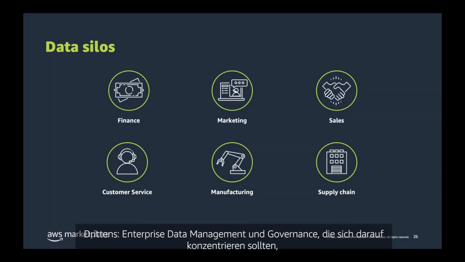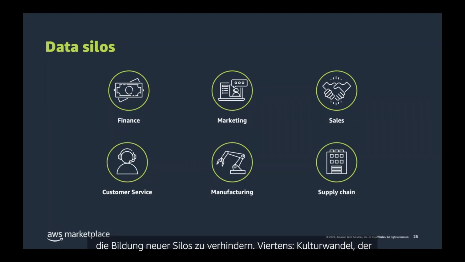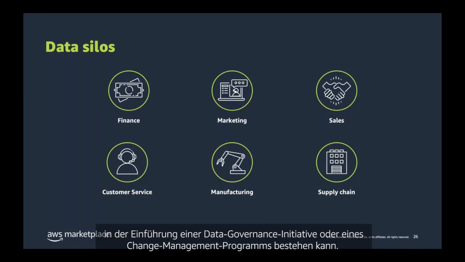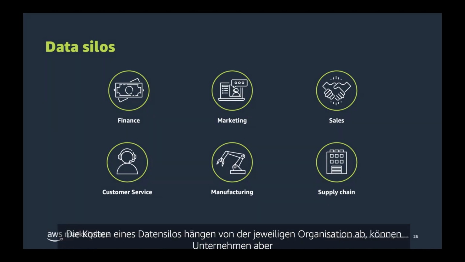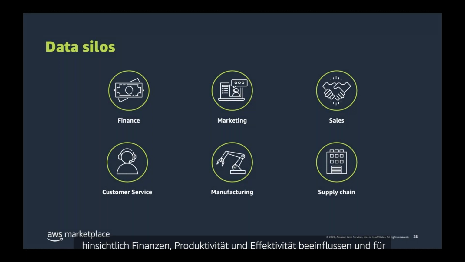Three, enterprise data management and governance, which should focus on preventing new silos from forming. And four, culture change, which might consist of instituting a data governance initiative or a change management program. The cost of a data silo depends on the organization, but can impact businesses in terms of finances, productivity, effectiveness, missed opportunity, and lack of trust around data.